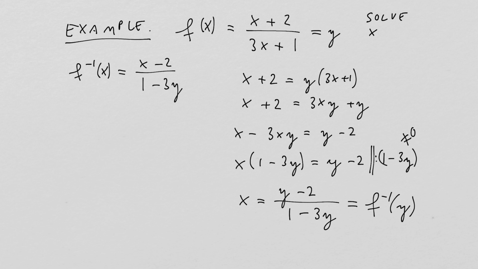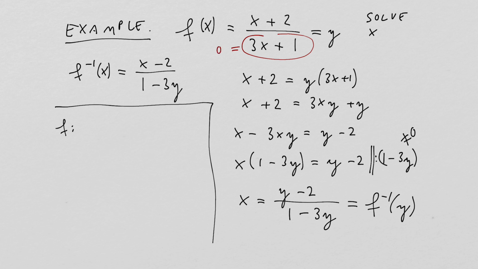Now we have some facts from here. If we want to write the function in a more smart way, we see that the original function is not defined if the denominator is 0.